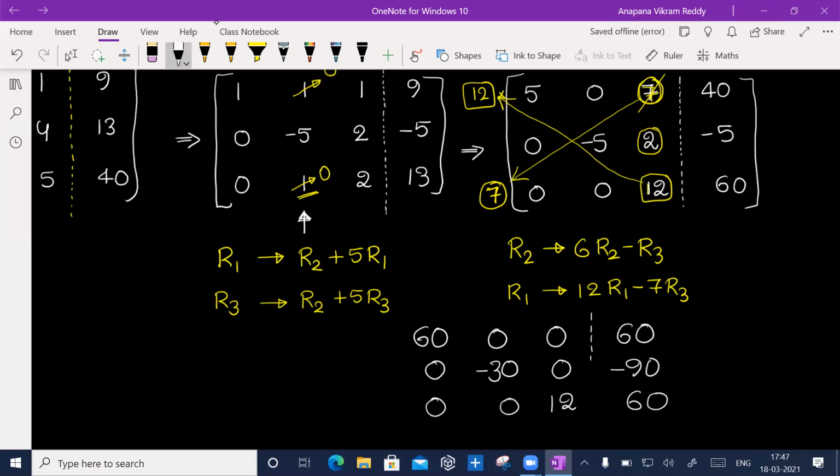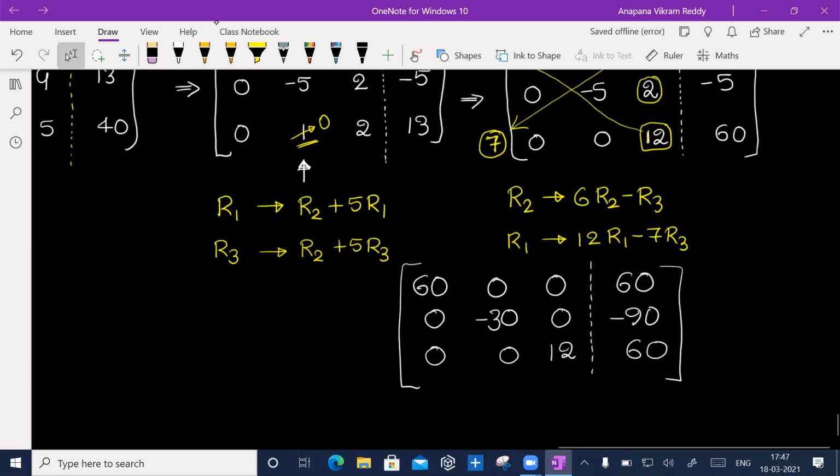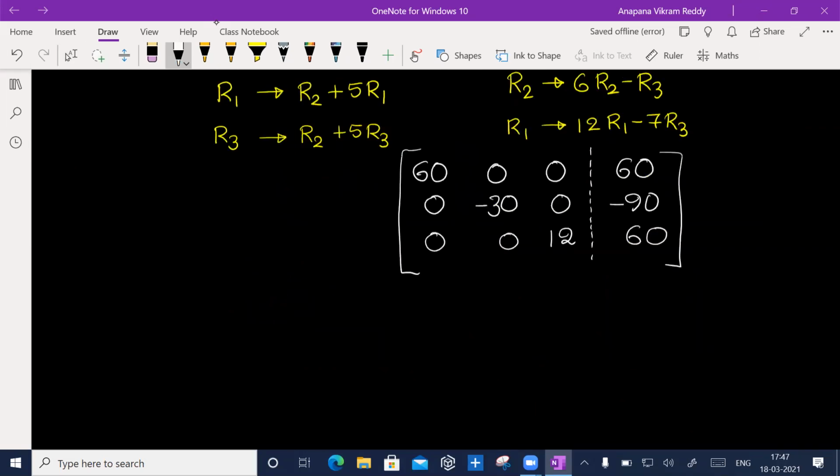Did you get the same? It's useless to convert the A matrix to the I matrix. If it is a diagonal matrix, it's enough; we can directly find the answer from this. So finally, what you have is 60, 0, 0, 0, negative 30, 0, 0, 0, 12.